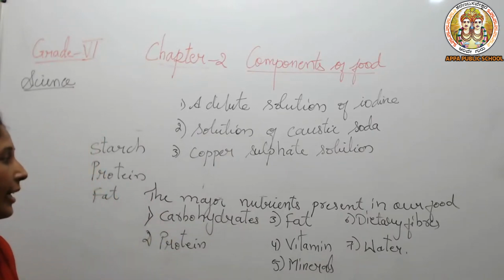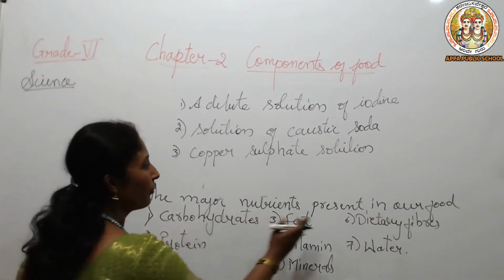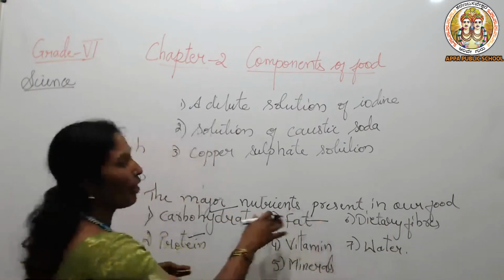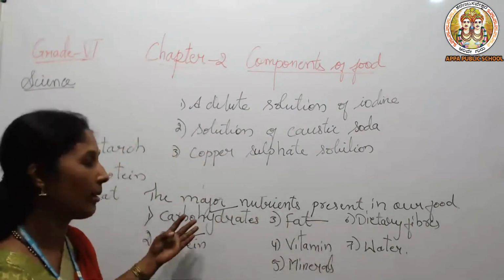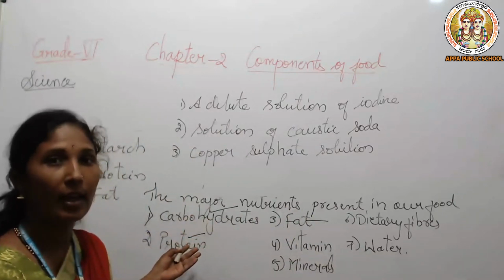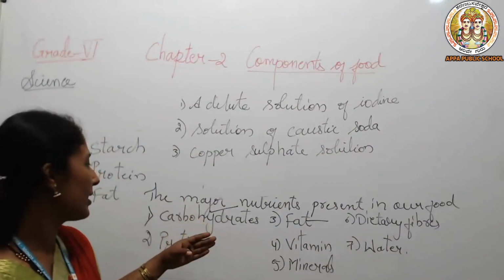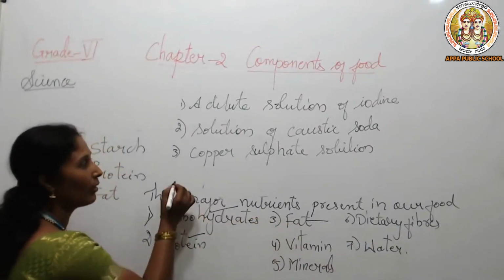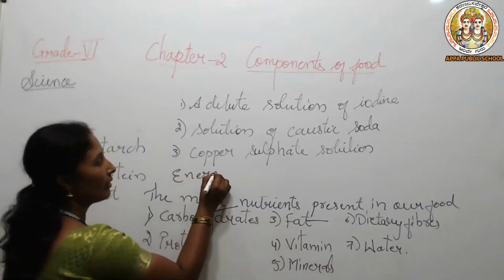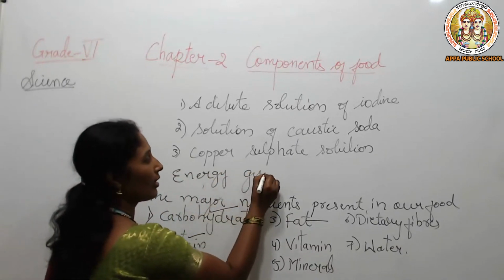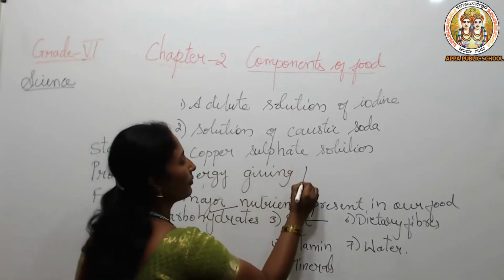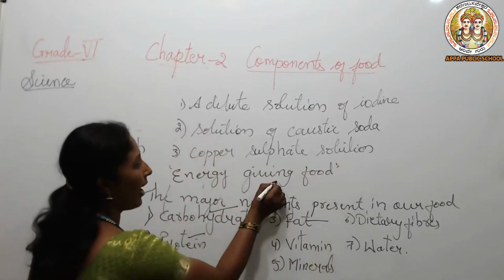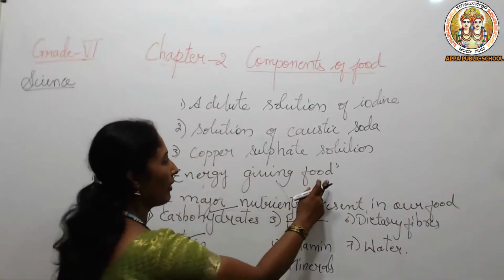We also studied these three, carbohydrates, protein and fat, in detail: what they are made of and how much is required. Carbohydrates and fat are also known as energy giving food.